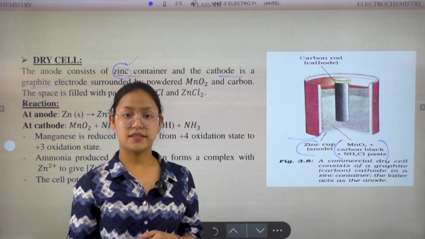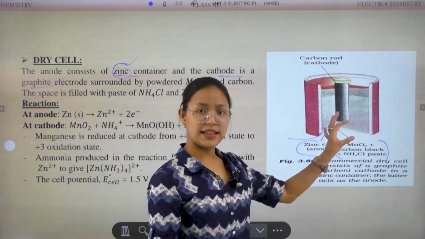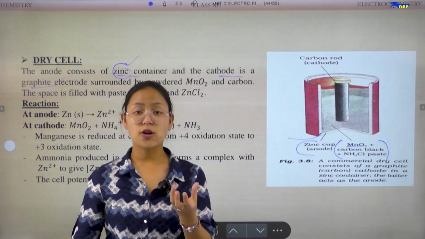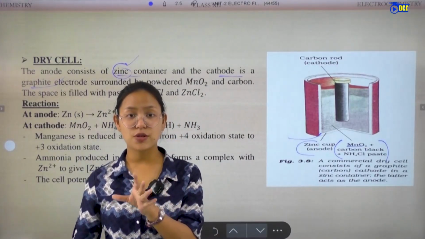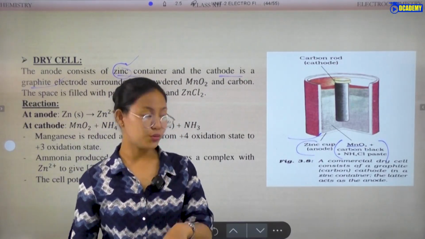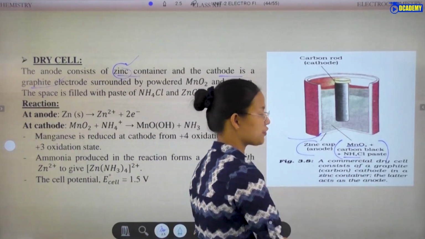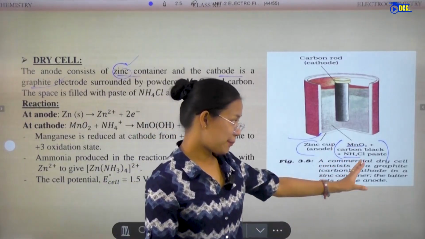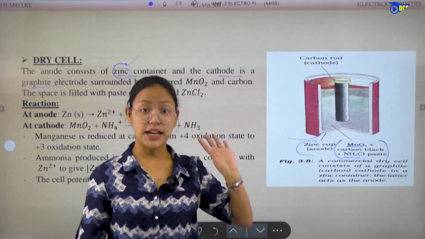Carbon black, mainly carbon black, plus manganese oxide, MnO2, and NH4Cl, ammonium chloride, will be the base.